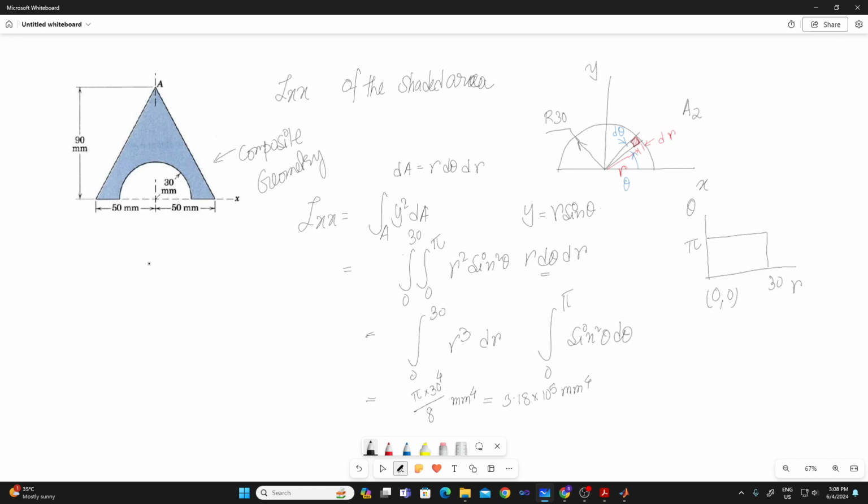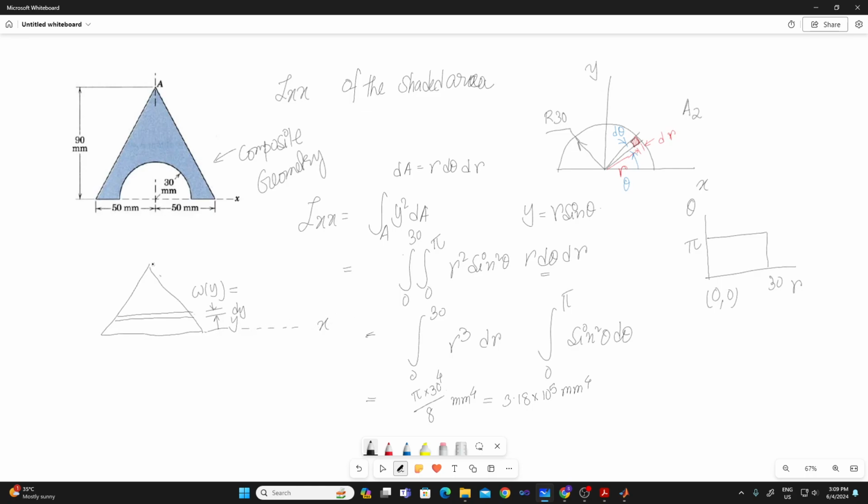So again, for the triangle, I can take the width as a function of y, w of y. So this height is let's say y, and this height is let's say dy.